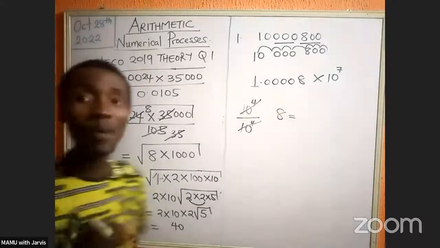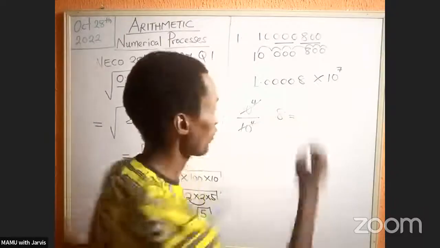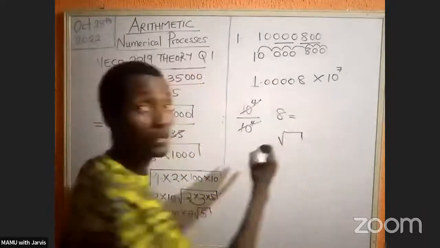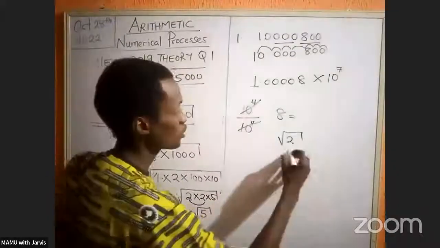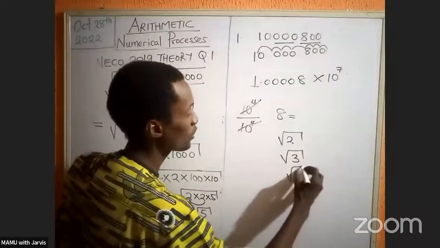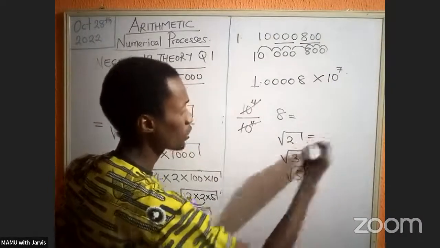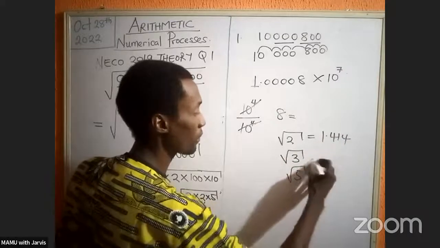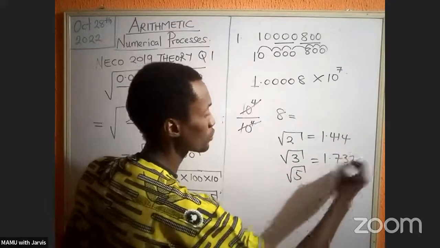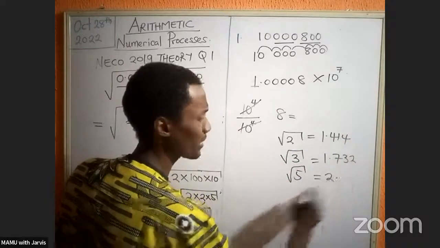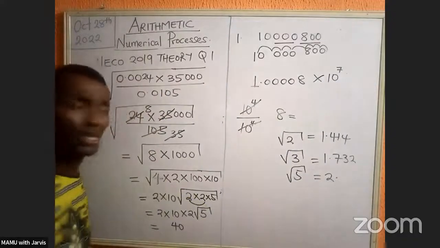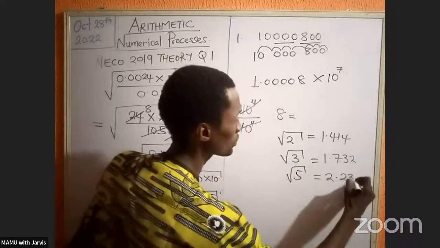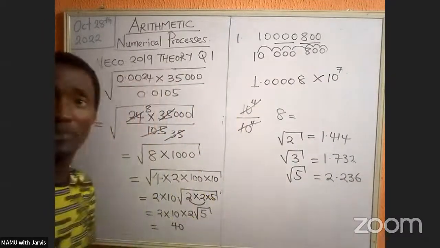Now, what is the square root of 5? There are certain numbers whose square roots you must know. For instance, you should know from memory the square root of 2, the square root of 3, and the square root of 5. Square root of 2 should be 1.414, square root of 3 is 1.732, and square root of 5 should be 2.236, if I'm right. Confirm for me.